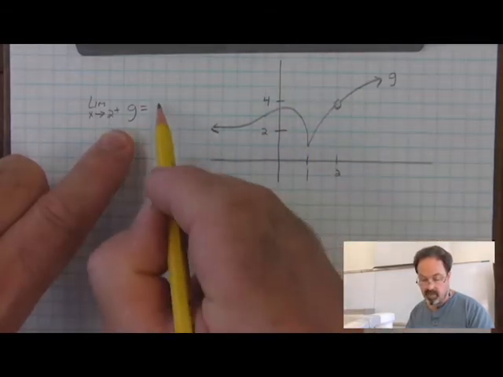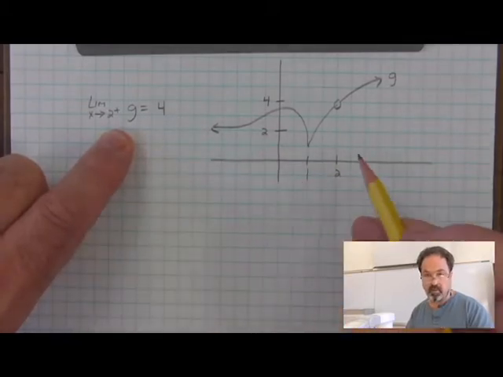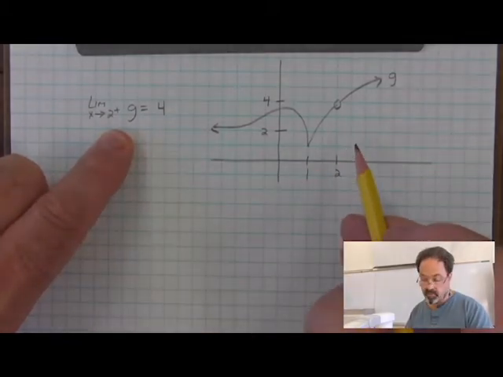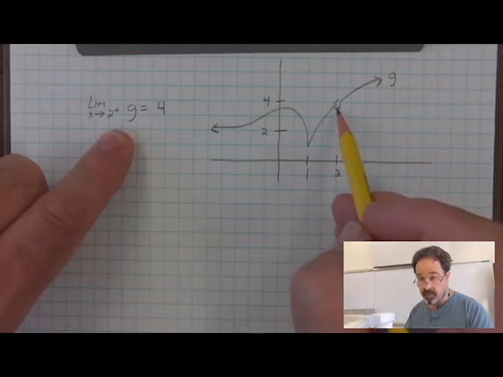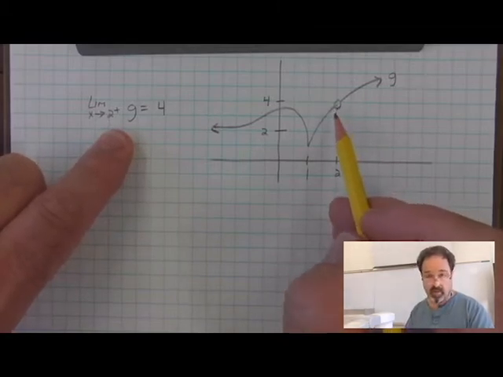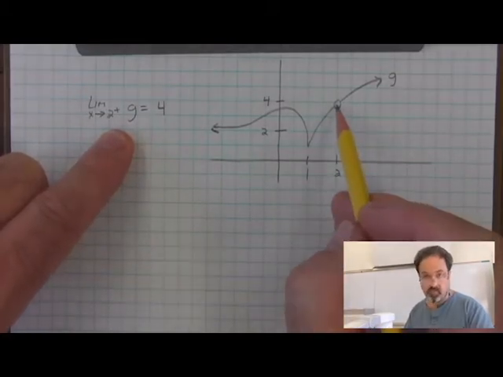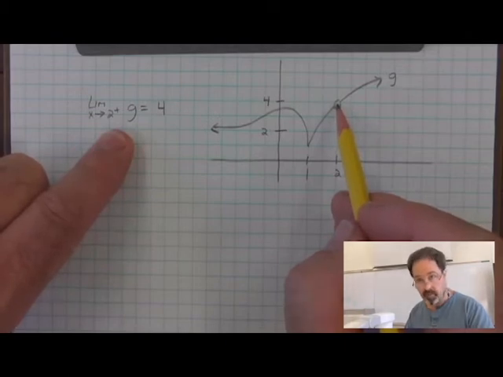In this case, then, where we think we're going to be is the answer to our limit. But there is no function value at 2. The function is undefined at 2. So we can't say that the value of g at 2 is 4, just the limit, from the right side in this case.